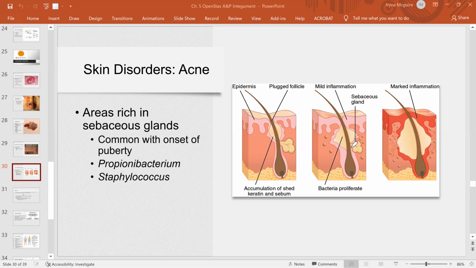All right, but if you have lots of keratin and oil, and it's pretty much a closed structure, then you have proliferation of bacteria. So right here, you can see all these bacteria growing, and it starts causing inflammation and acne. Okay.